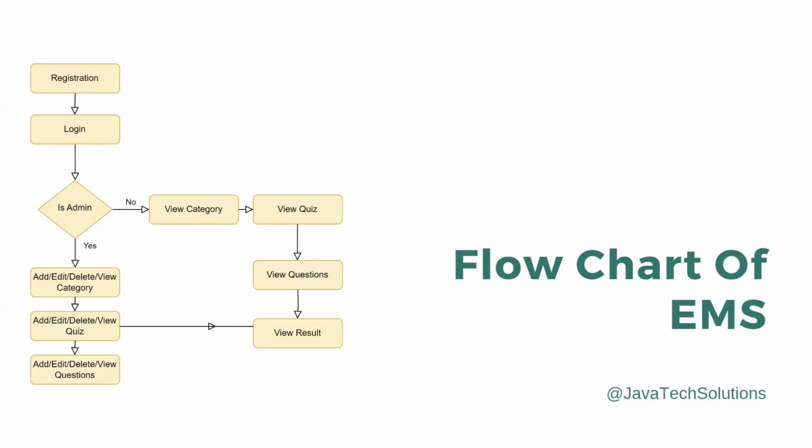If it is not an admin, they can only view the category, view the quiz, and from the quiz select the questions, attempt them and get the result. So this is the overall flowchart of this exam management system.